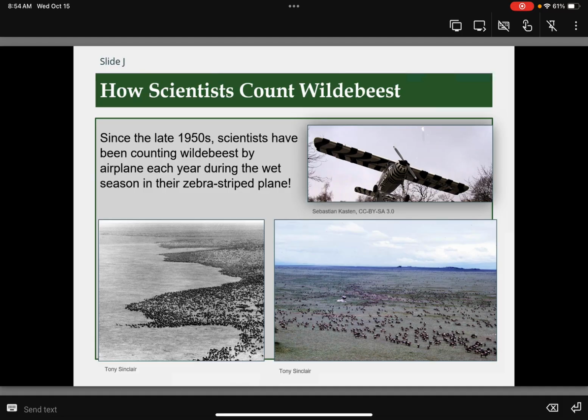When we were looking at rainfall data, maybe look on page 32, okay? So this is still rainfall data, but we are going to relate that now to the wildebeest population, looking at that data.